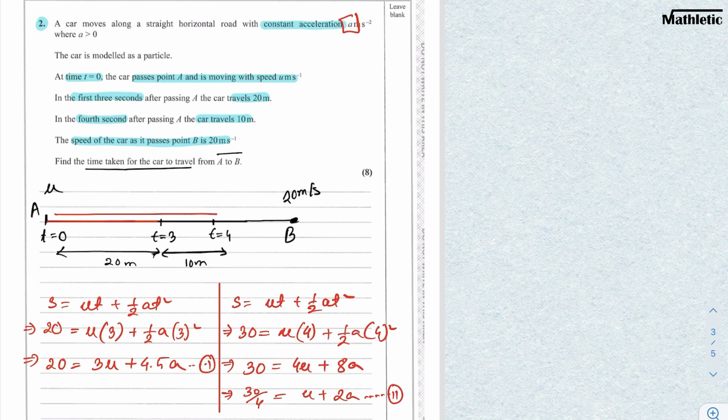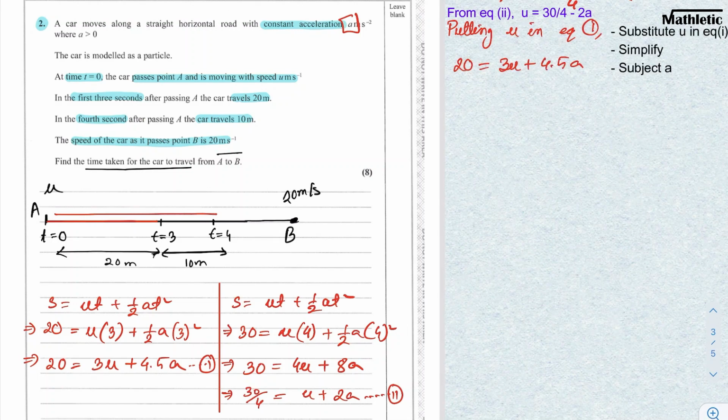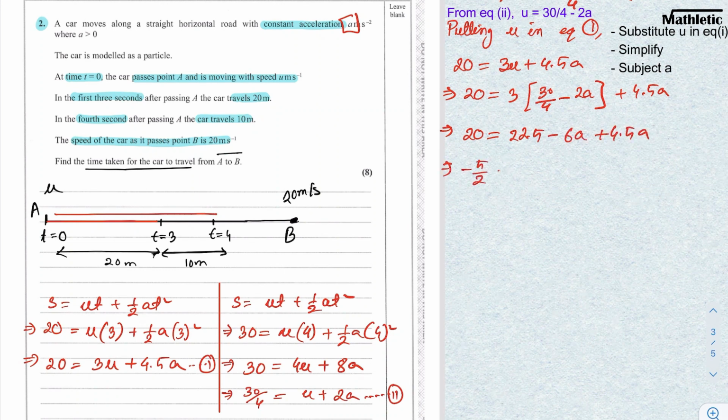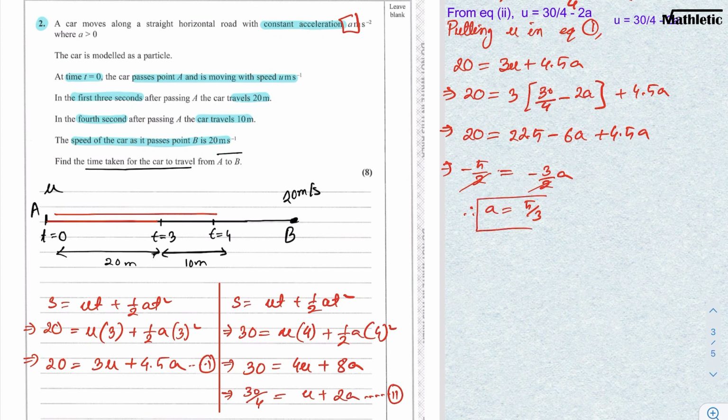solving these two simultaneous equations will give us the value for u and a. So from equation 2 we can find a value for u. So a is 5 by 3. So we can just substitute the value for a here to get the value for u.